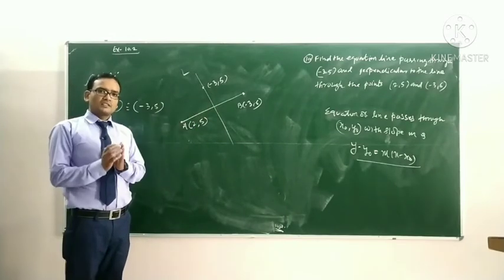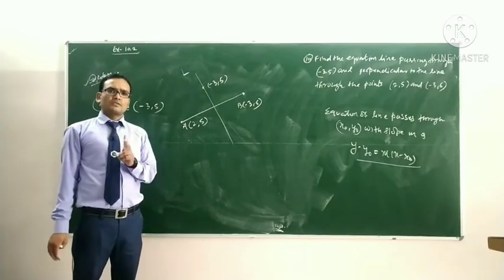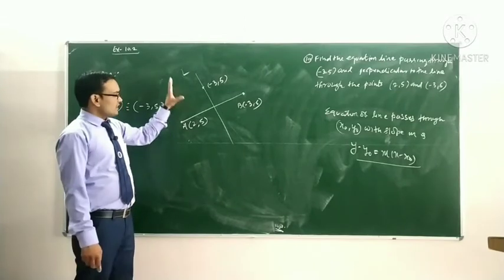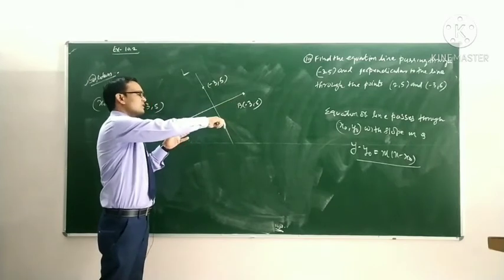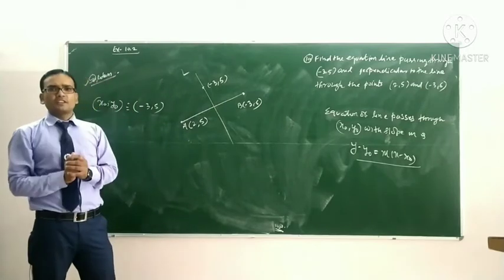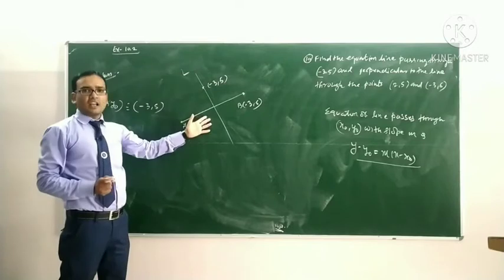But we find the slope of the line by using the slopes of two perpendicular lines. That means if we know the slope of the line AB, then we can also find the slope of the line L.